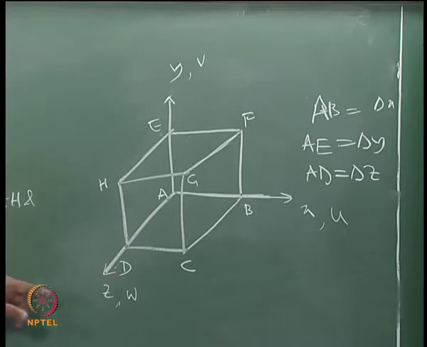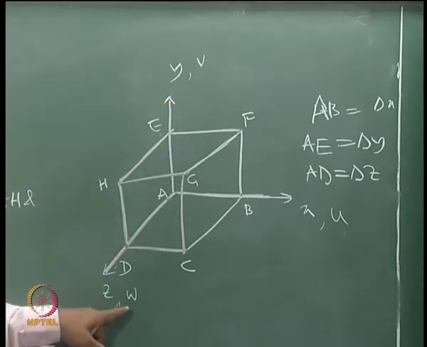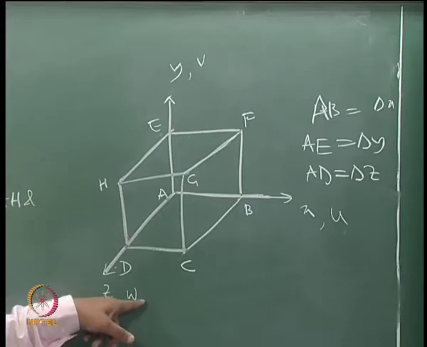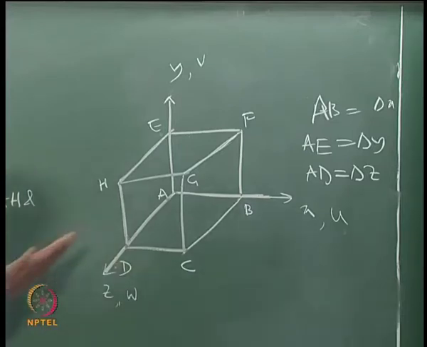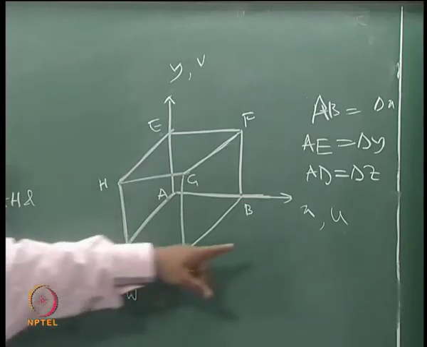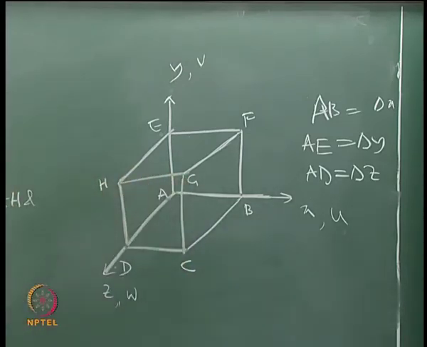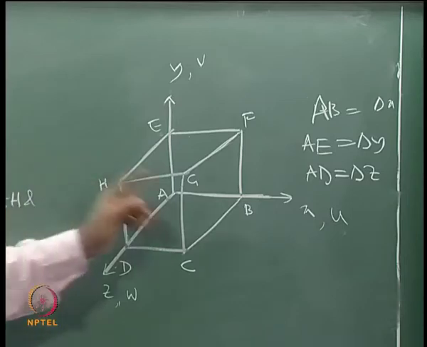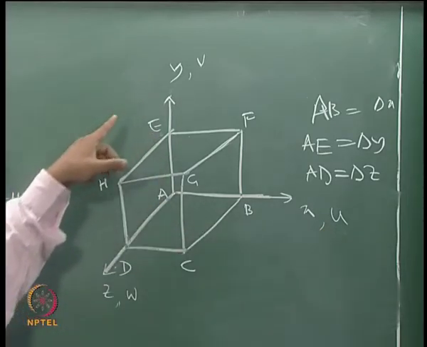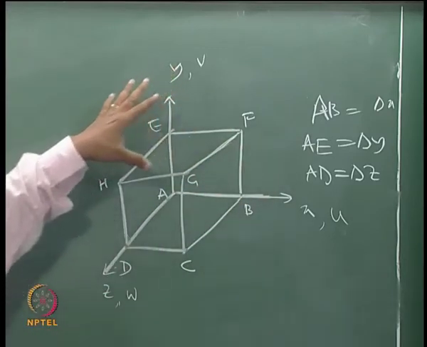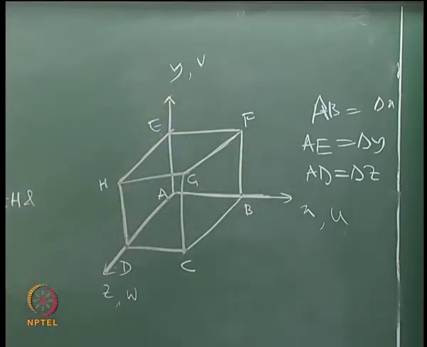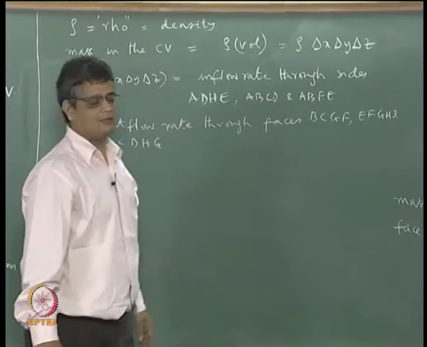So if velocity is in the negative z direction, w has to have a negative value. For example, w of minus 20 meters per second is velocity going in the negative z direction. So by associating u, v, w always with the positive coordinate directions, we can identify an inflow and outflow from a visual identification of this.